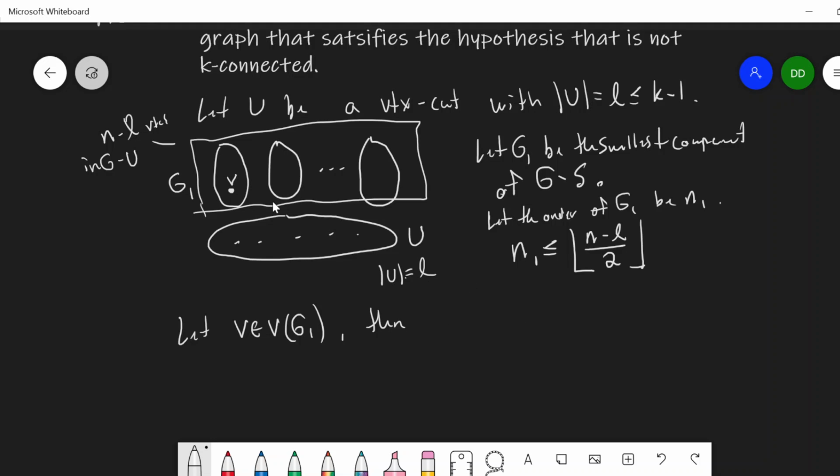The most edges that could come off of V: I could have one to every other vertex in G1, which gives N1 minus 1, and then it might be connected to every vertex in the vertex cut. So the most the degree can be is N1 minus 1 plus L. It's possible it's adjacent to all of the vertices in U.